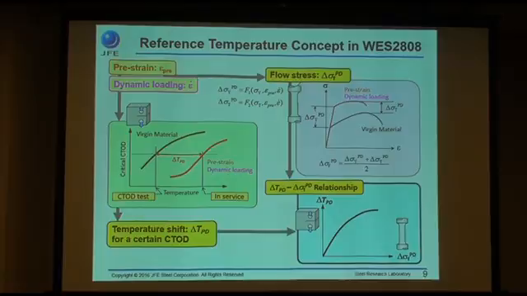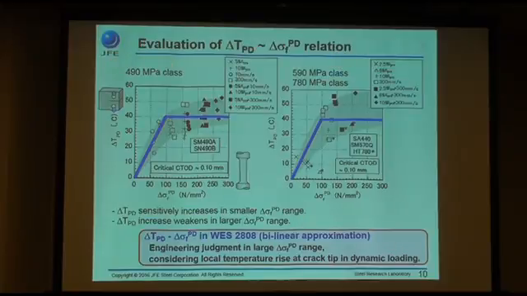So we try to make a relation between the transition temperature rise and the flow stress change, and we examined it by experiment. This figure shows the transition temperature rise on the vertical axis and the flow stress change on the horizontal axis, for the experimental data for prestraining, dynamic loading, and combined effects.